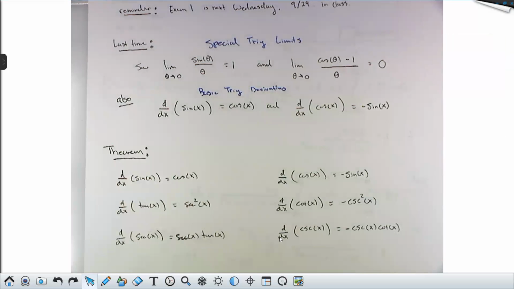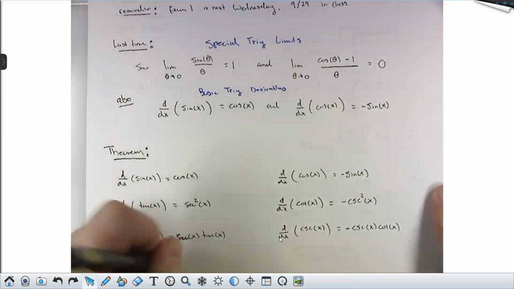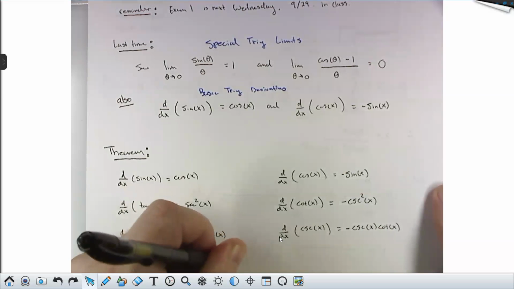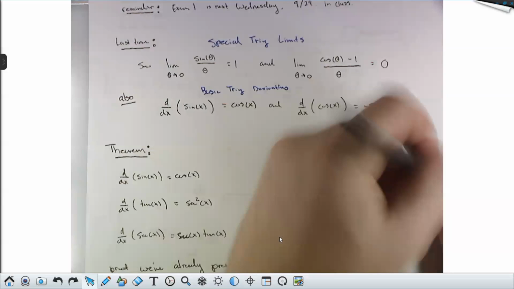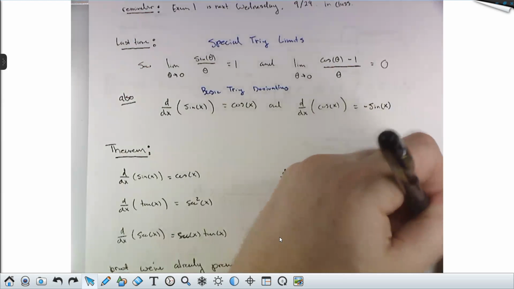Okay, so let's prove some of these. I'll label these rows as 1, 2, 3.